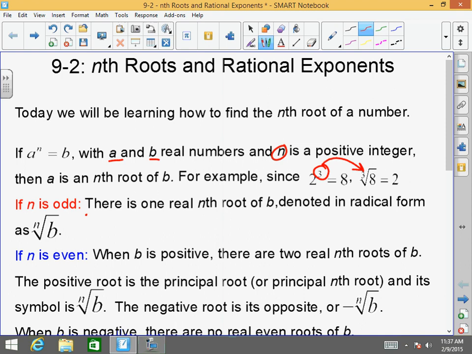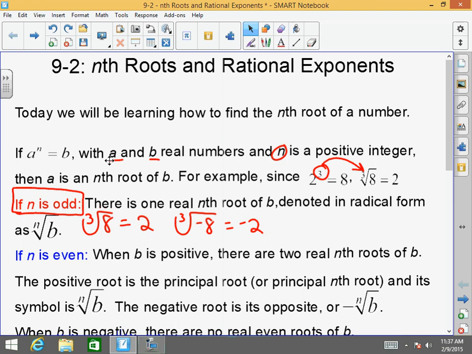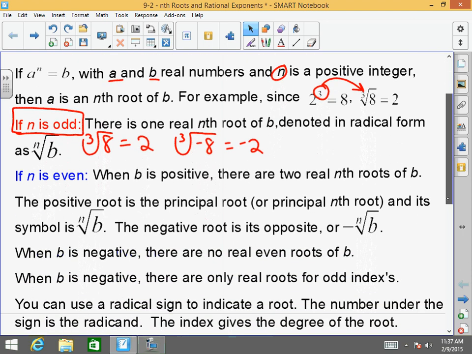The cube root of 8 is 2, because 2 times 2 times 2 is 8. The cube root of negative 8 is negative 2, because negative 2 times negative 2 times negative 2 is negative 8. So if n is odd, you're only going to have one real root. It's either going to be positive or negative.